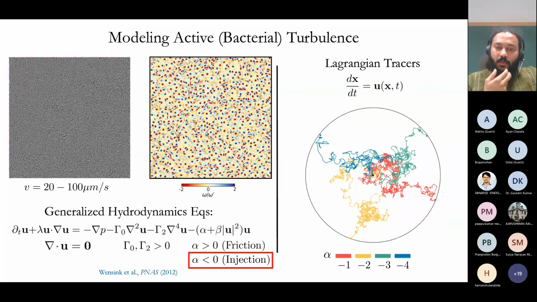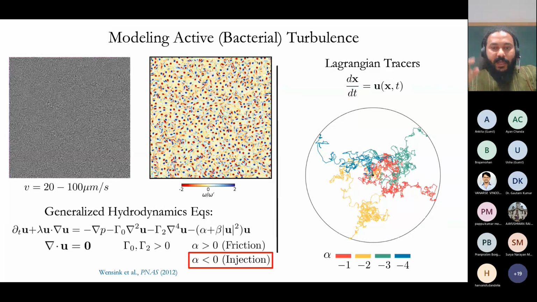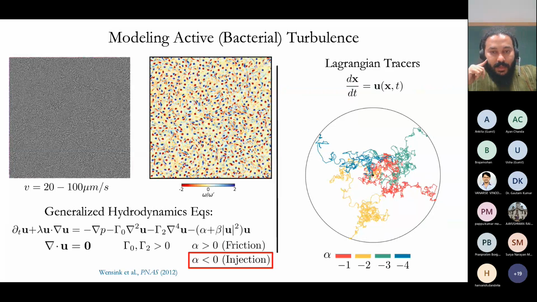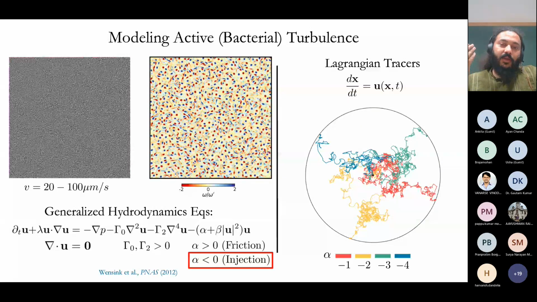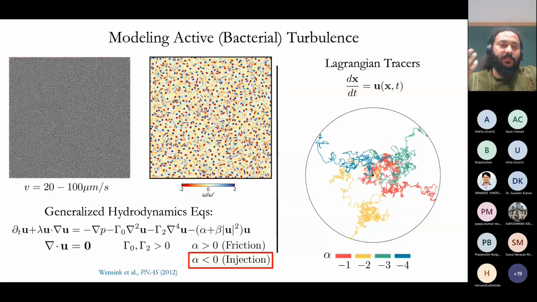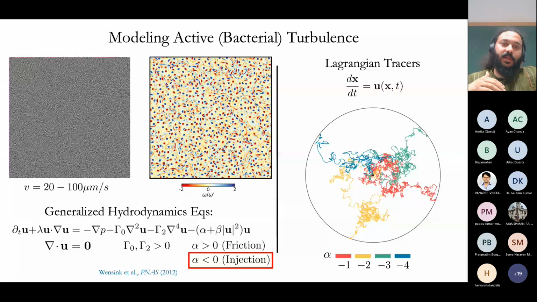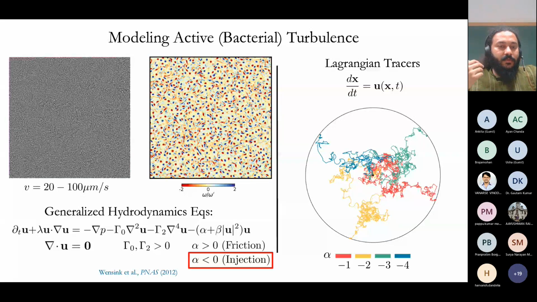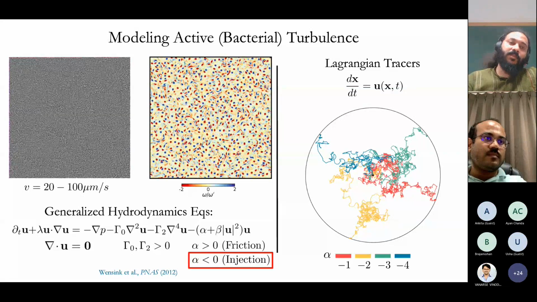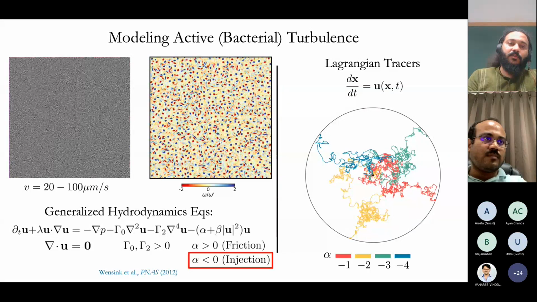In the end, you have a Toner-Tu driving term, which has that alpha and beta u squared term multiplied by u. The main thing is that when alpha is positive, it behaves like friction. When it's negative, it injects energy into the system. For this study and generally, we've mapped all these parameters to the experiments, to what was proposed for the experimental system.